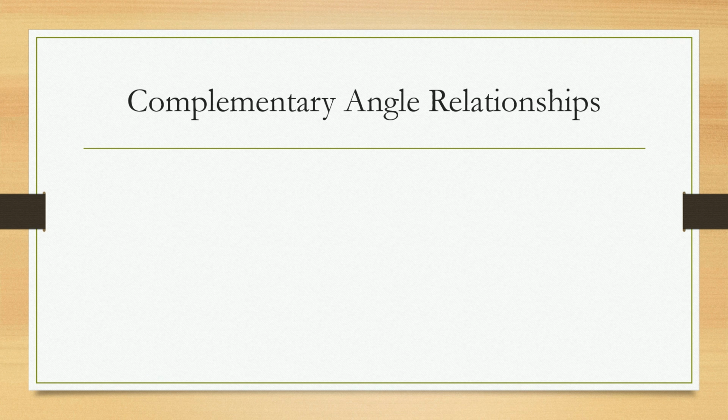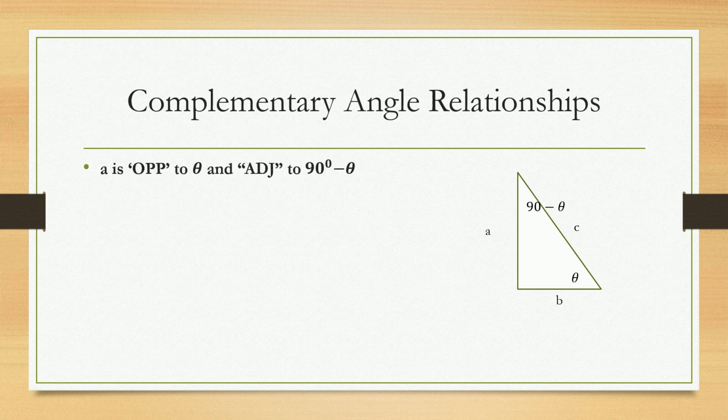Let us go to another concept, complementary angle relationship. Observe this triangle, a right angled triangle with sides A, B, and hypotenuse C. One of the angles, the bottom angle, is theta, so automatically the top angle becomes 90 minus theta. They are complementary to each other.